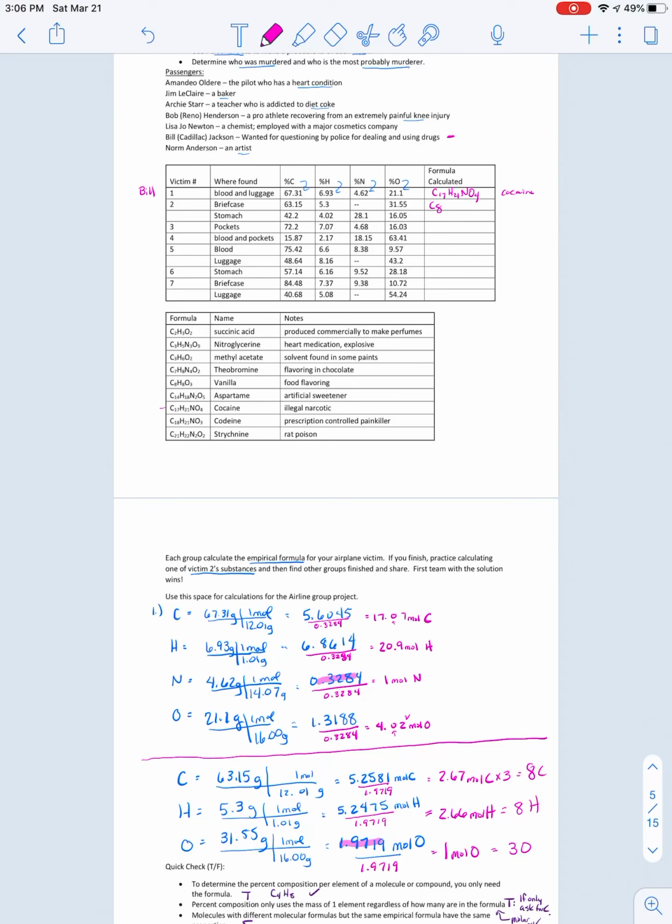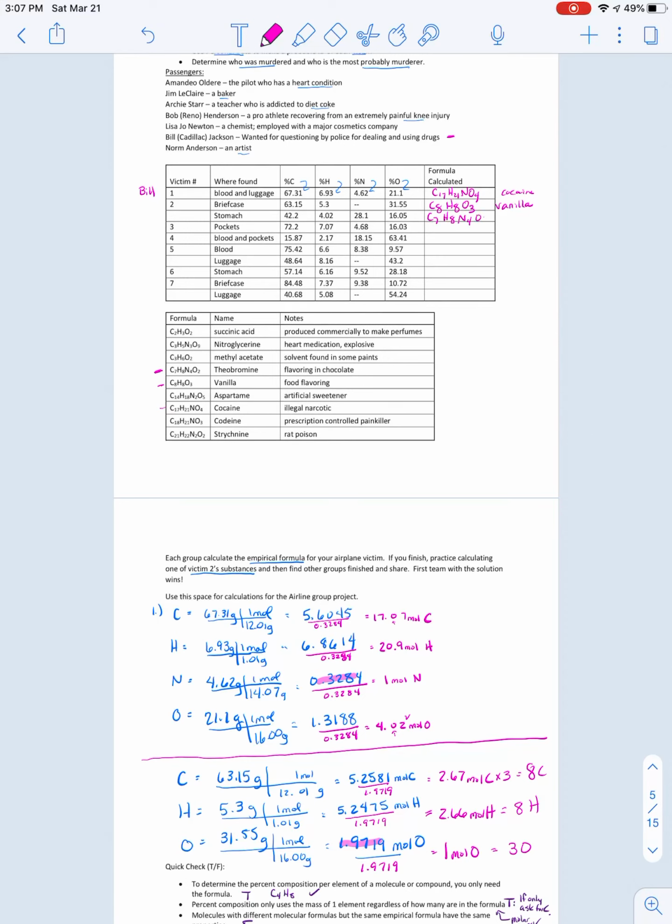So if I scroll up here, I'm going to fill this in as C8H8O3. And we look over here, and that's this one, and that's the vanilla. When you look all up there, there's probably only one that has vanilla in it. And I'll tell you the next one.